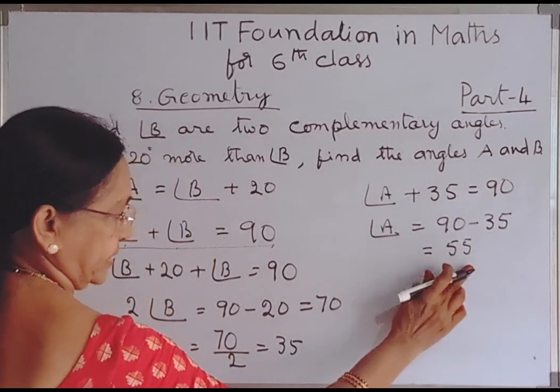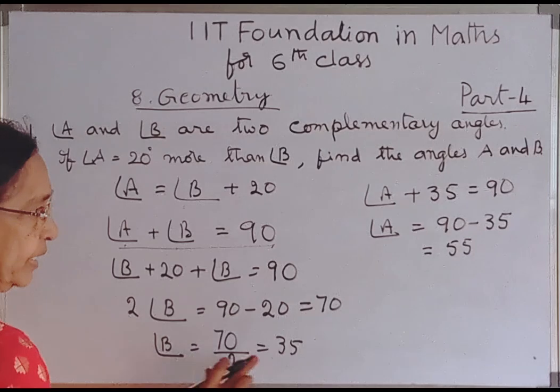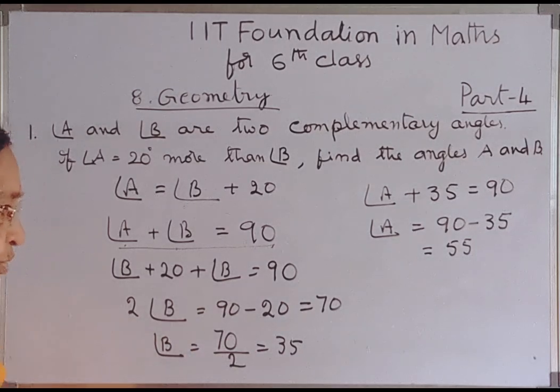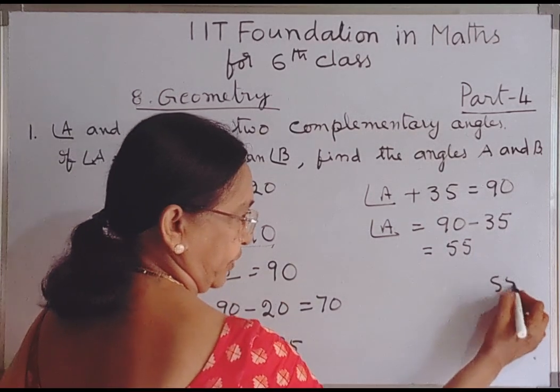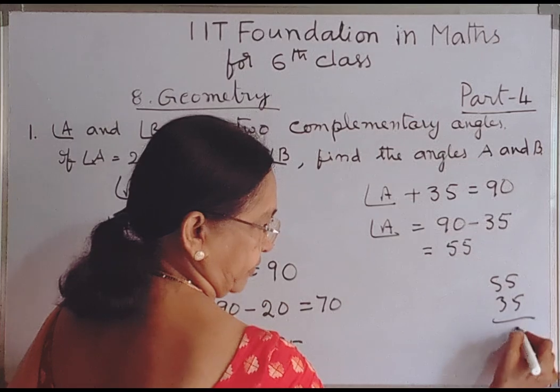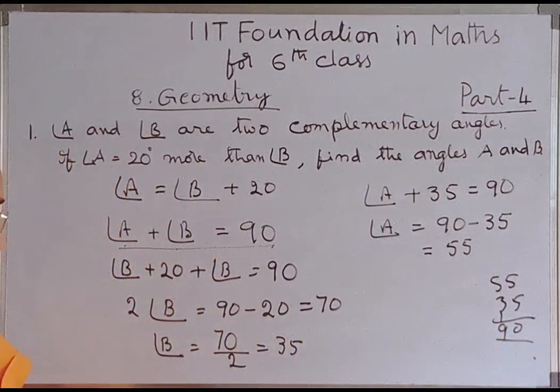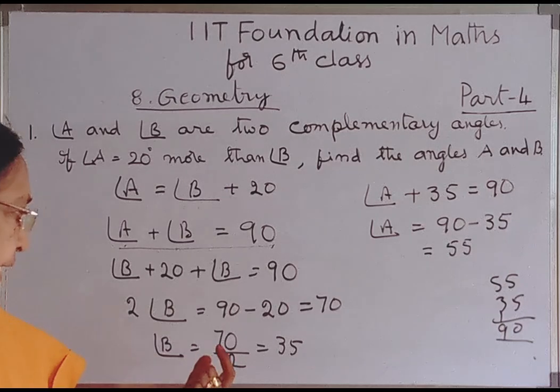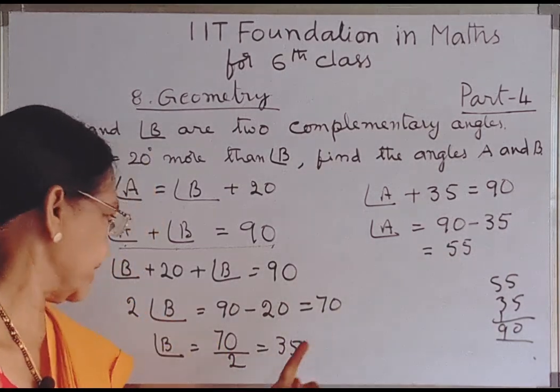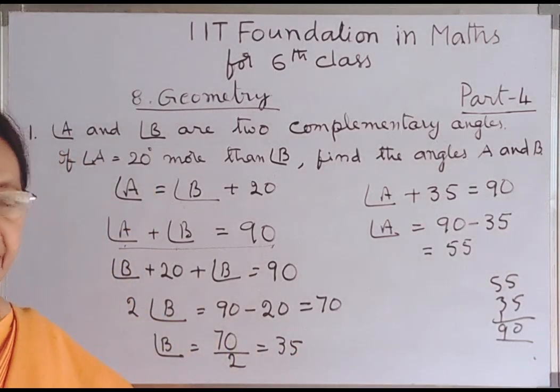So angle A is equal to 55 and angle B is equal to 35. The sum of those two, 55 plus 35, is equal to 90, so they are complementary. So the values of angle A and angle B are 55 degrees and 35 degrees.